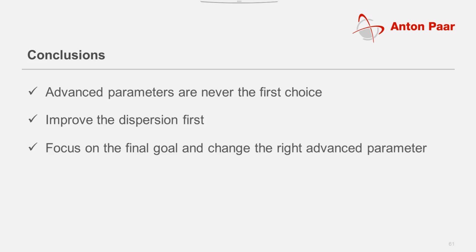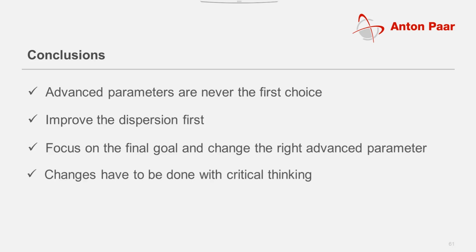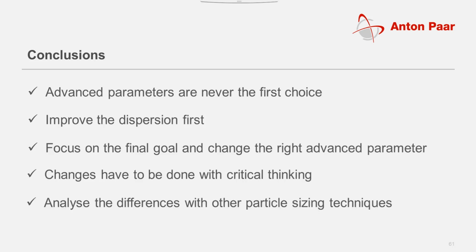Don't play around with them. Changes have to be done with critical thinking. Understand first what the problem is and think about what could be the reason for that. Especially when you deal with different particle sizing techniques, analyze the difference between the instruments to understand then the results.